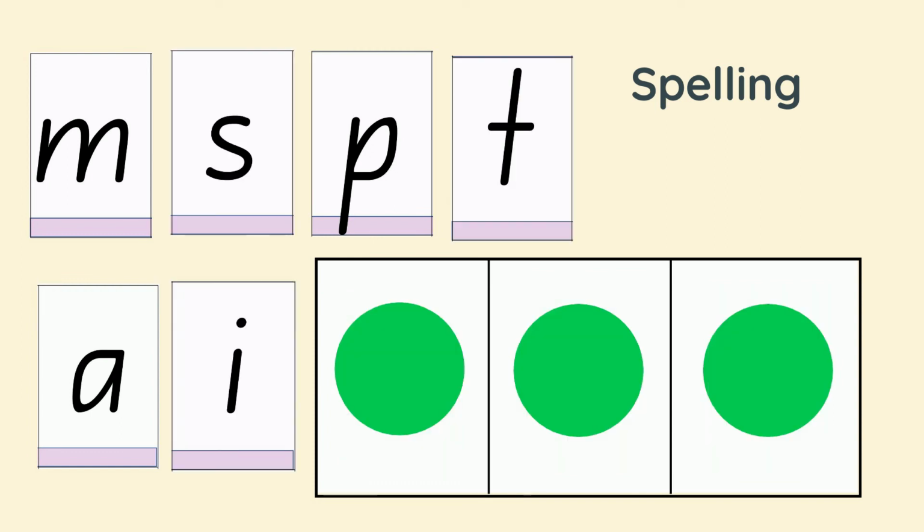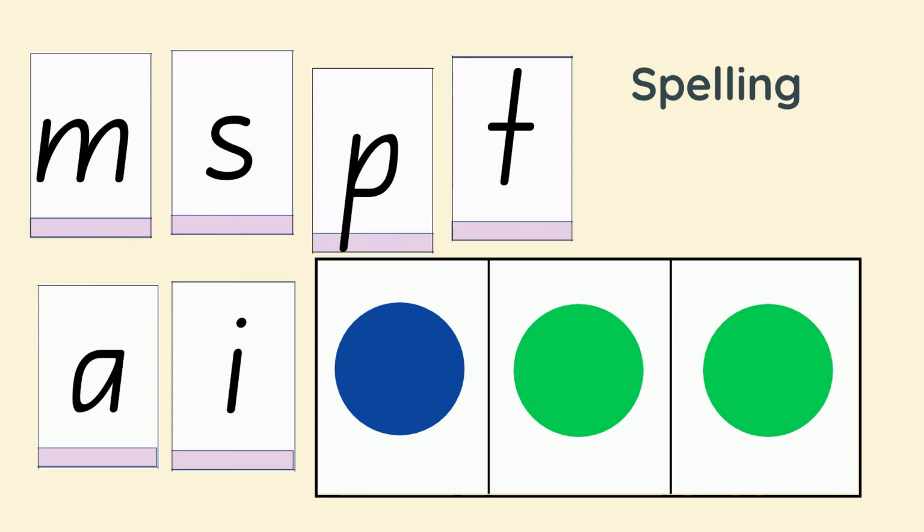Now let's spell the word pit. Say pit. Sound it, p, I, t. So the first sound, p, touch the letter that represents p.